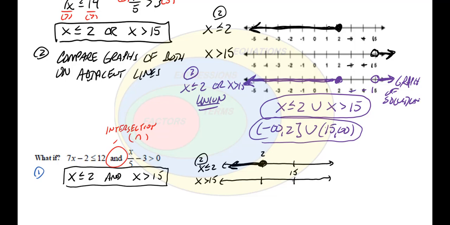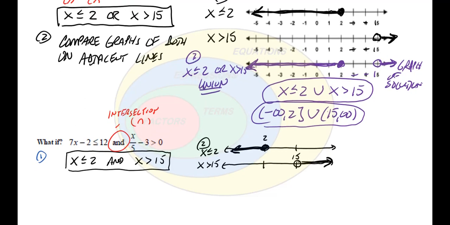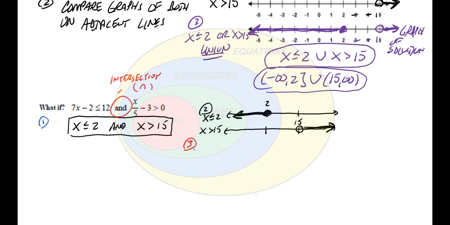But again, I want to line up my graphs. It'll be an open circle and everything to the right. But now when I compare these, I'm actually looking for the intersection of these two, or the overlap.